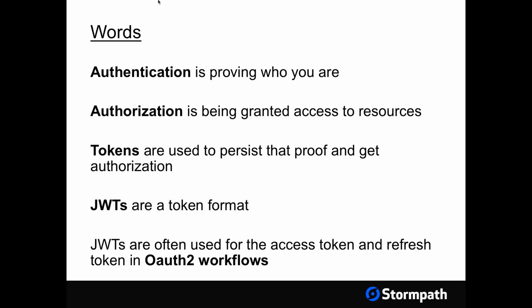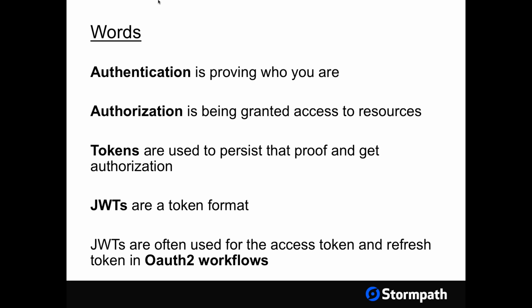JWTs are simply just a token format. So if we're going to take this idea of exchanging credentials for a token, we have to make some decisions about what that token should look like. And JWT is winning as that format because it's JSON, and everybody loves JSON now for good reasons.